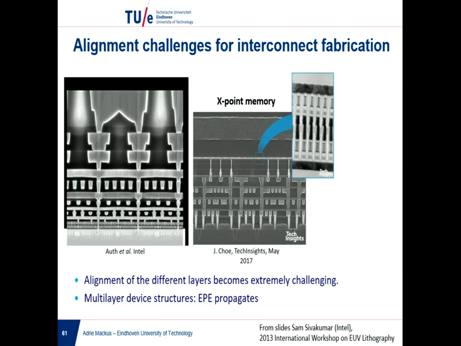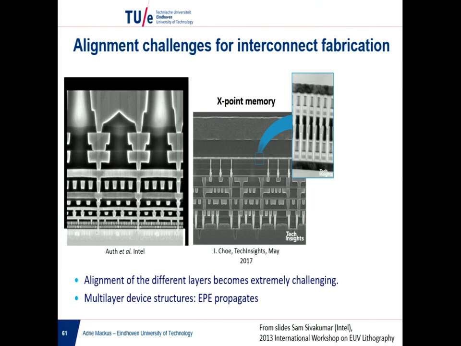So let's look at an example. These are cross-sections of computer chips at the interconnect level, so the back end of line. Typically the transistors should be present at this level, but then you need to wire these devices together. So these are multiple levels of all kinds of connections. This is typically copper these days. We're moving toward cobalt.